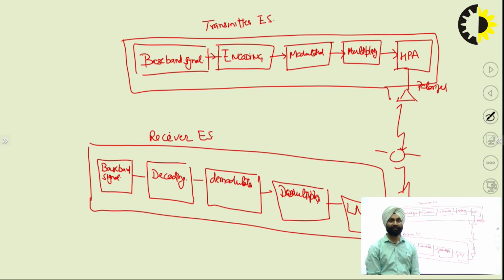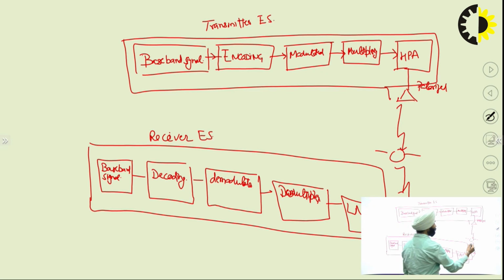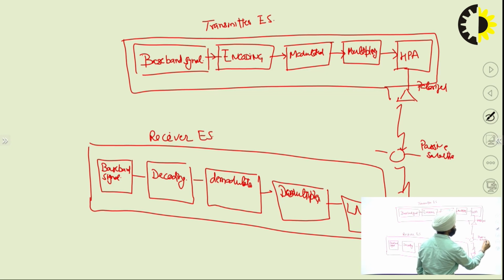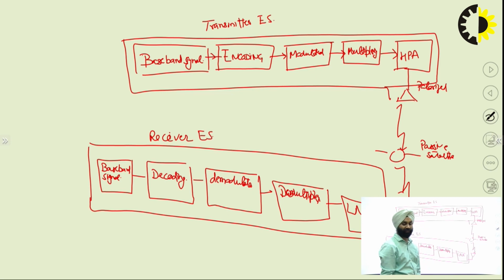Now for simplicity, we can take this satellite as a passive satellite. For the passive satellite, the signal will be received and then transmitted toward the earth station again.